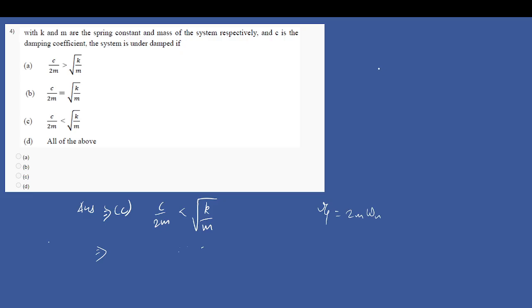So critical damping ratio. When C is less than C critical, C critical is given by, yeah, 2m omega n. One second, yeah. Let me check this.